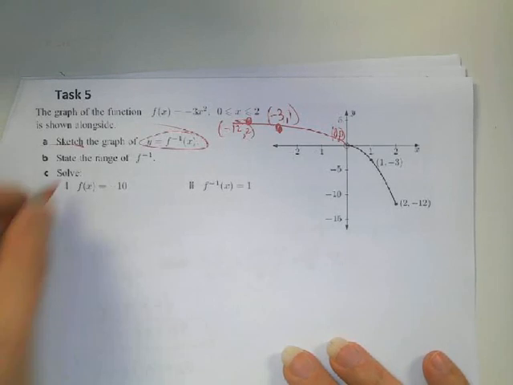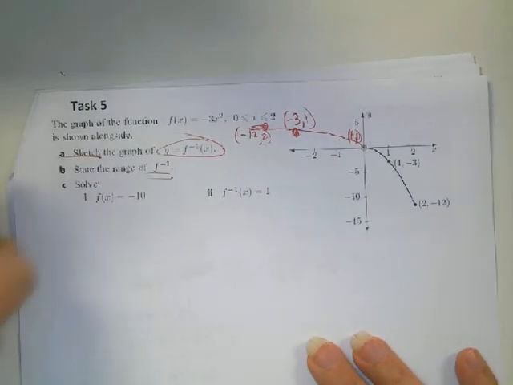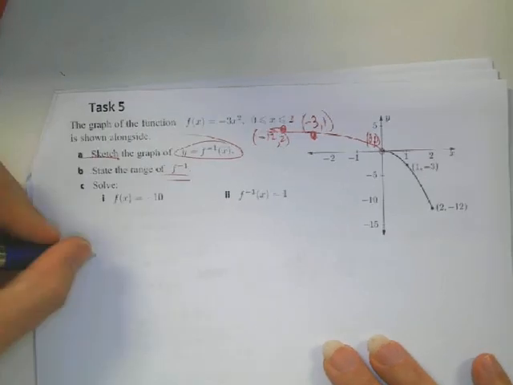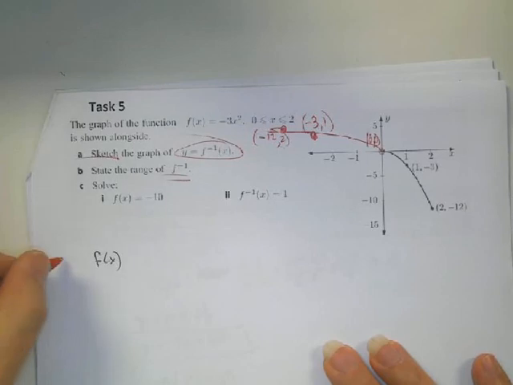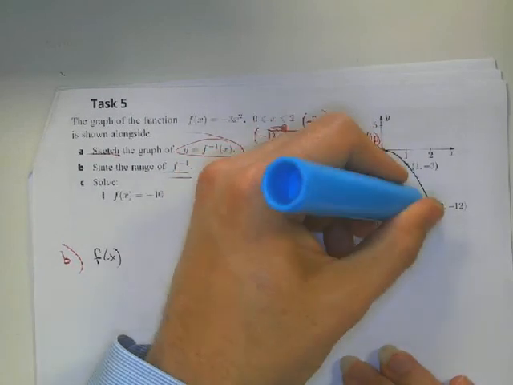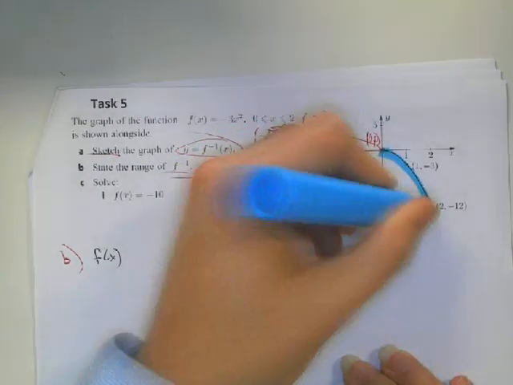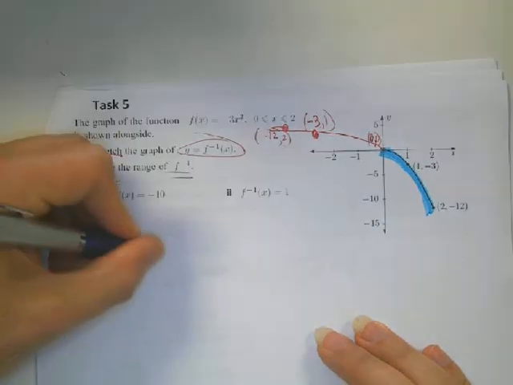B, state the range of this. So for my function, the original function, the black one there, my domain is the x values.